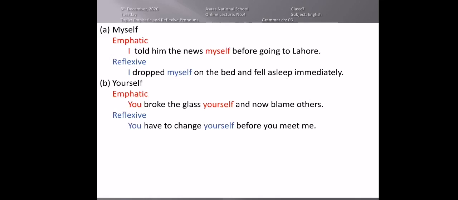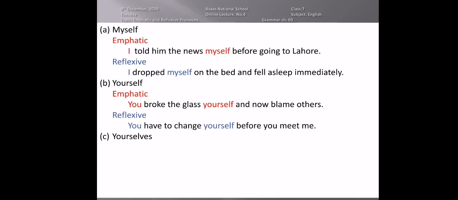Who is to change? You have to change yourself. So yourself is the object in this sentence, and it is also the subject. In this sentence, we see subject and object are the same, so it is a reflexive pronoun. So that is how you can use it.